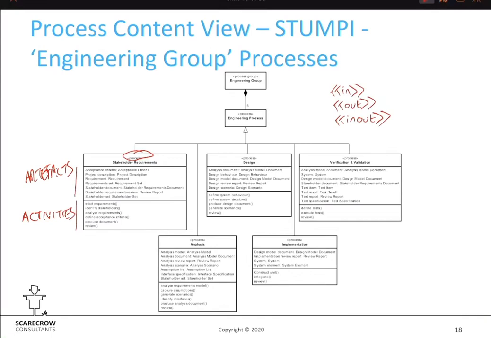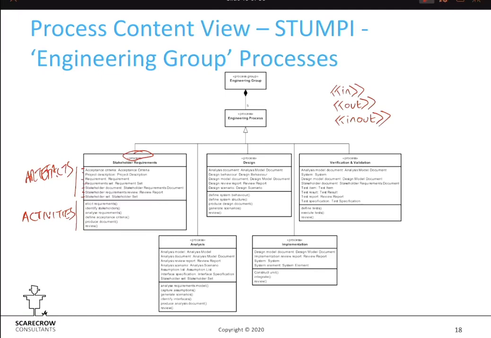So, for example, on the stakeholder requirements, the requirements set, the stakeholder requirements review, the document, the requirements set there, the individual requirements, they're all outputs, and the acceptance criteria and the product description and project description are inputs. So we can mark them on that, so that when you look at one of these diagrams, you can see which of those artifacts are coming in and which are going out.